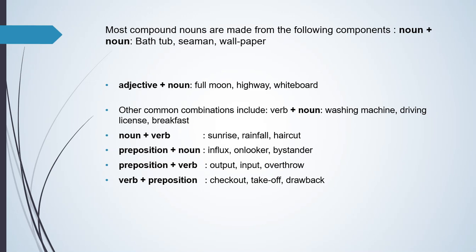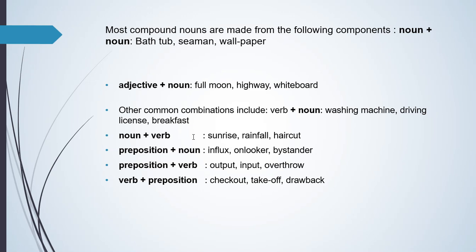Another common combination is verb plus noun, like washing machine, driver's license or driving license, breakfast. Then noun plus verb, like sunrise. Sun is a noun, rise is a verb, and together they have one meaning: the sun rises from the east and sets in the west.